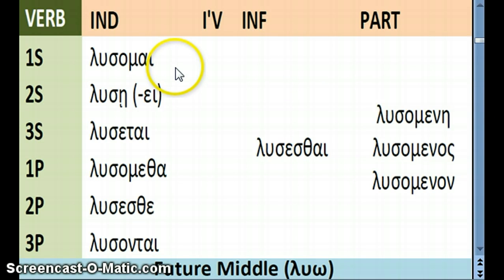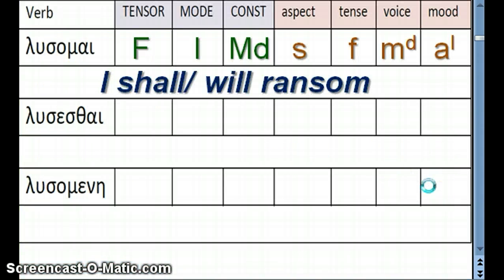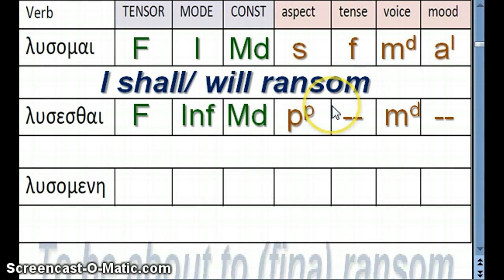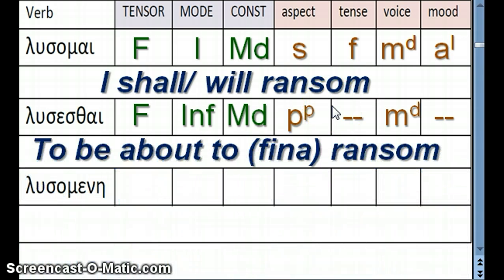So as we introduced last chapter, you'll have your indicatives as well as your future infinitive, as well as your future participle middle. So, as we've covered before, future indicative middle, simple future middle active, while lusesthai, which is the future infinitive middle, prospective aspect, middle voice, no mood, to be about to, or ransom.